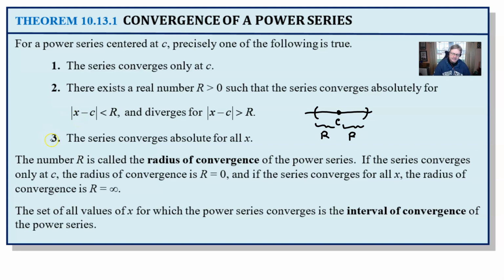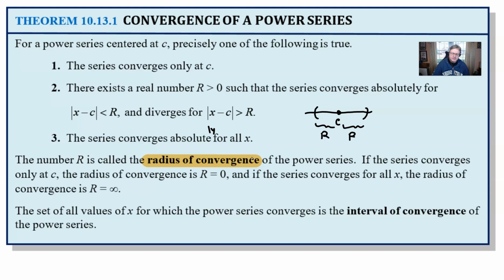And then lastly, the series may converge absolutely for all x. Converges absolutely for all values of x. So again, the number r, we're going to use a capital letter to distinguish that, and we're going to call that the radius of convergence.